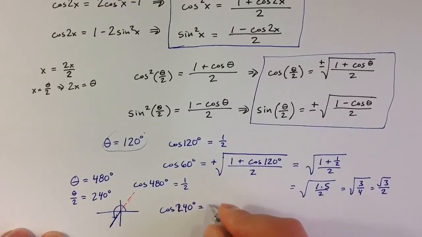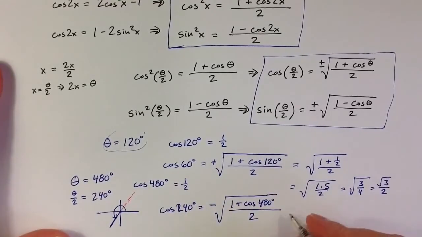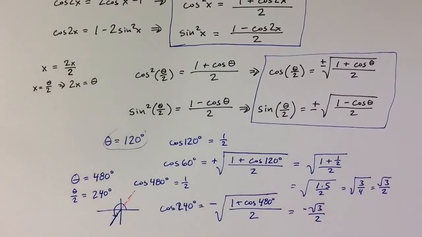It's going to equal negative square root of 1 plus cosine of 480, over 2, which would work out to be negative square root of 3 over 2. And so the half angle identities do have that kind of added complication of plus or minus signs. Fortunately, that doesn't come up too much in the way that we use them, but it can sometimes be an issue.